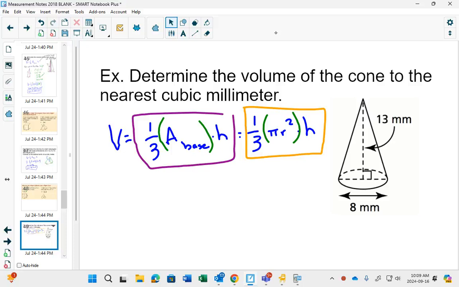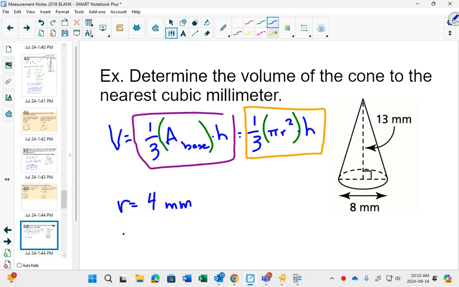So first of all, I might take a little bit of time and write out: I have to figure out what my radius is. Half of the diameter. Secondly, does it give me the height or did it give me the slant height? It gave me the actual height. So much nicer when it gives you the right numbers.